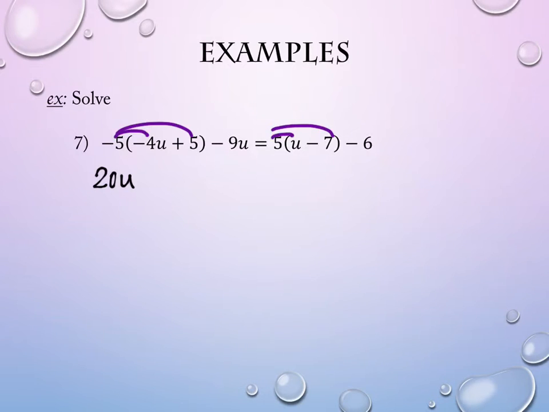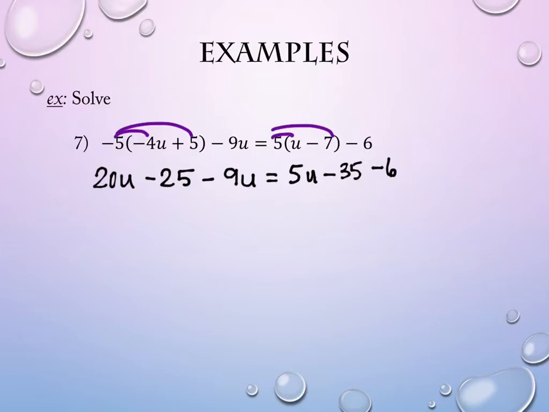Negative 5 times positive 5, negative 25. Don't forget the pieces that didn't have the distribution. They're still there, right? Minus 9u. Then I have 5 times u, so 5u. 5 times negative 7 is negative 35. And then I have a minus 6.